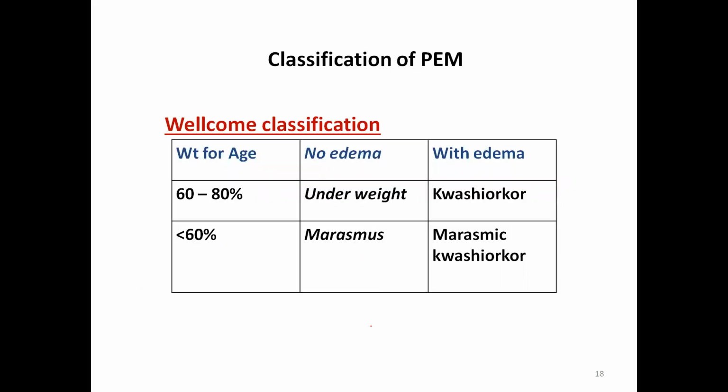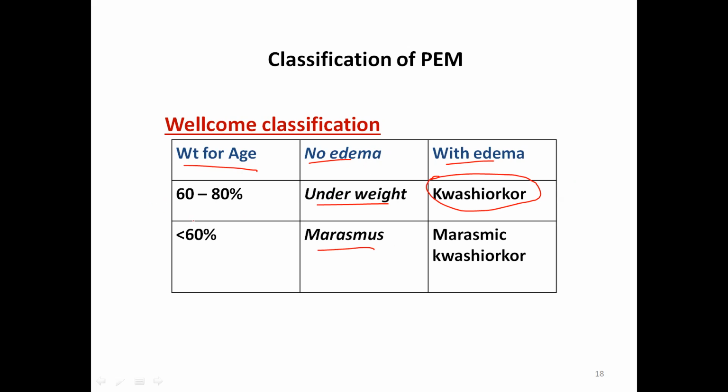So this is the Waterlow and Wellcome classification of protein energy malnutrition, using the Gomez classification. Waterlow put this for non-edematous as well as edematous patients. If it is 60 up to 80%, and the child has no edema, we call it underweight. If the patient has edema, we call it kwashiorkor. Marasmus is if it is less than 60% with no edema.